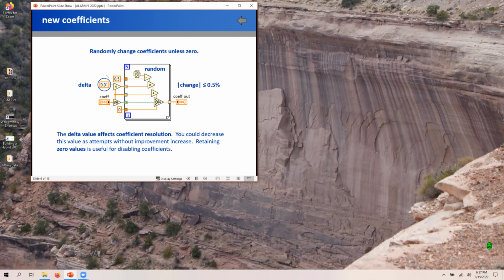The way I have the VI set up, and you can download the VIs, I put them out, I control this. So you can set that depending on the kind of resolution you want in your coefficients. So I add it to the old value and I'm done. Very fast. Boom. So each coefficient is perturbed with a different random number, right? Because I'm picking off a new one every time in this for loop. Okay? But it's bounded between plus and minus 0.5.